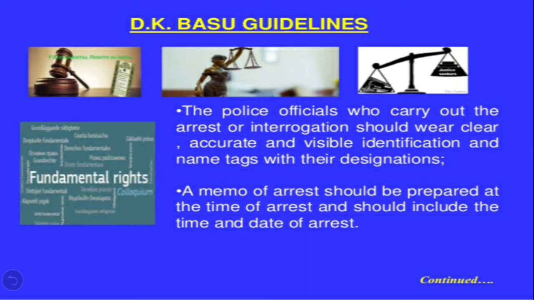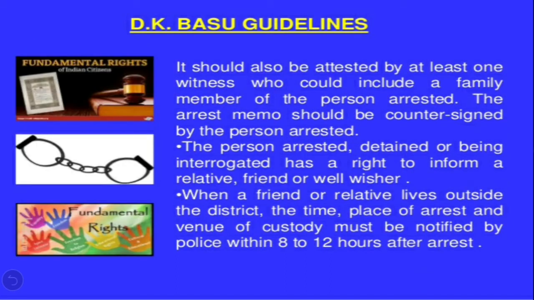Then a memo of arrest should be prepared at the time of arrest and should include the time and date of arrest. Children, if any arrest warrant is issued against a person, the date and time of arrest should be clearly mentioned in the memorandum which is issued.